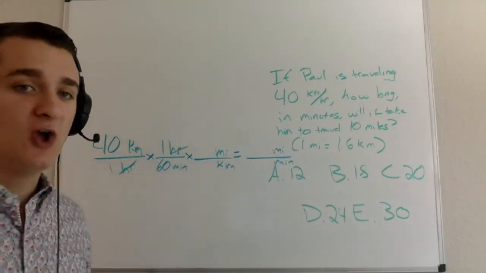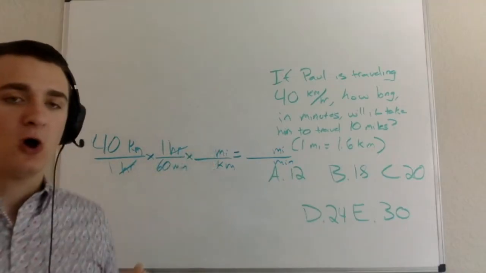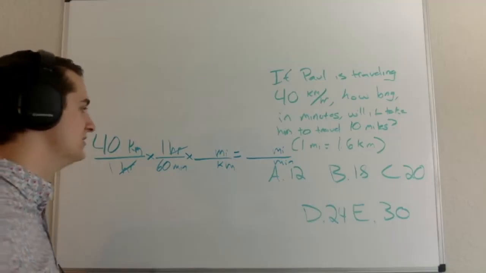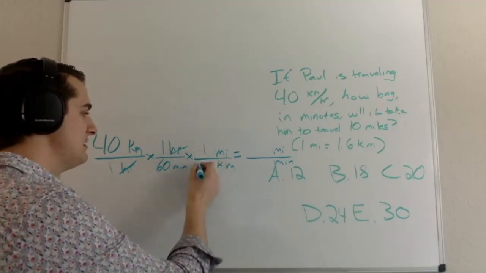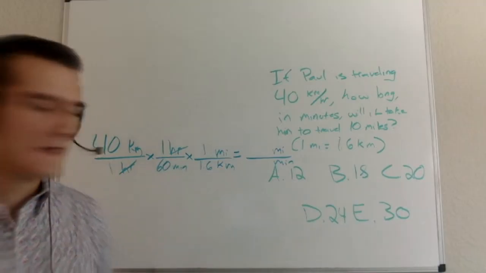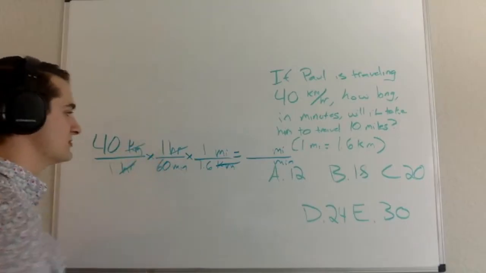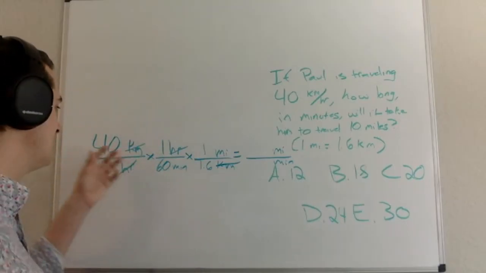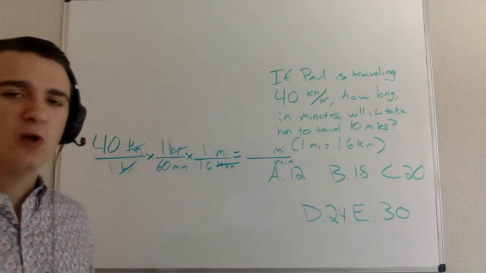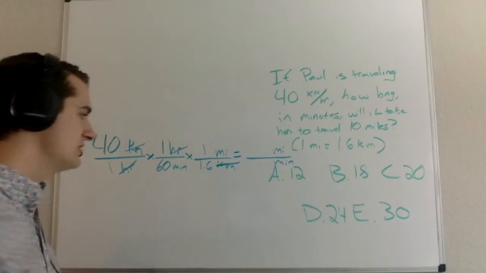And again here, what's important is that the top and the bottom of my fraction are equivalent in value, so 1 mile is equal to 1.6 kilometers, because that means I'm not changing this underlying speed. From here, I can go ahead and cross out kilometers and kilometers. One other thing, you'll notice that I didn't right away do 40 divided by 6 because you never know where things can cancel in a question like this.